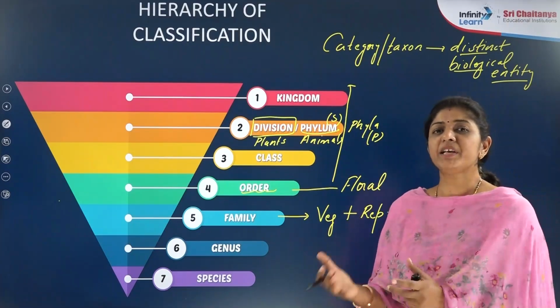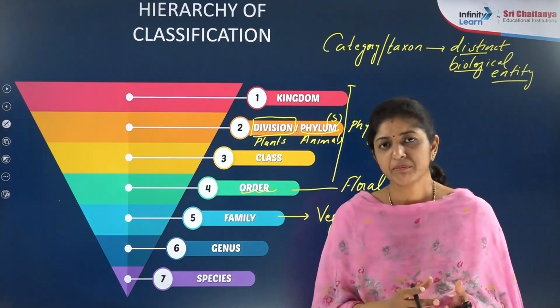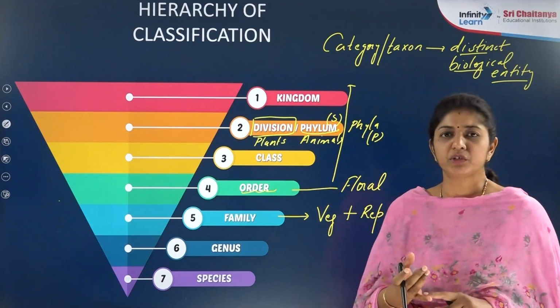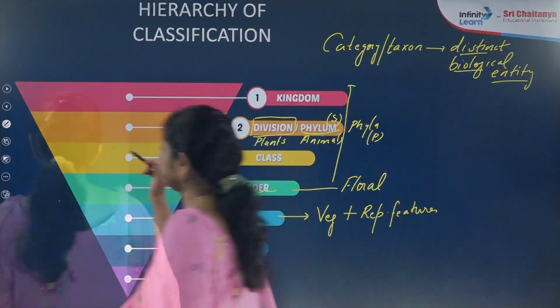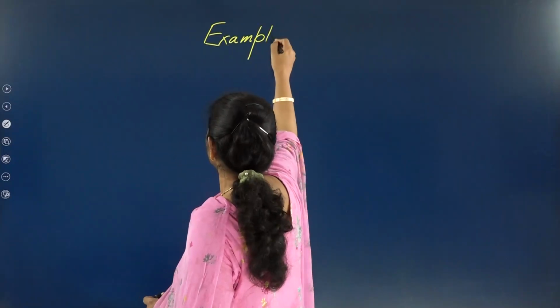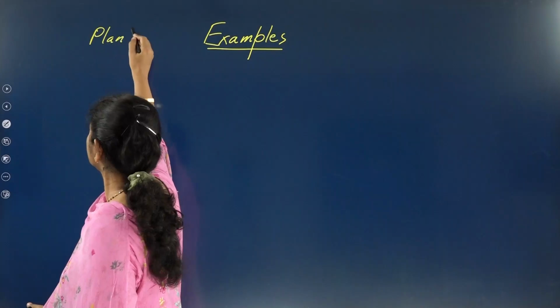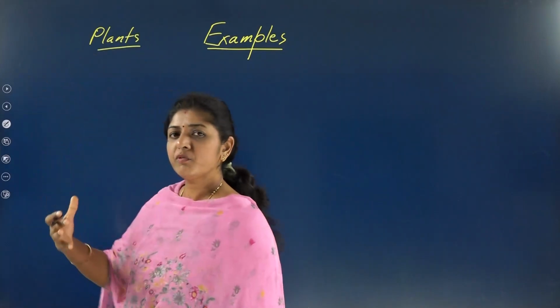Now how to exemplify that? The example they have given in your NCERT, I am picking only for the plants and for the animals. Let's take that. For the plants, I am picking up the example first. What is the common name of the categories?